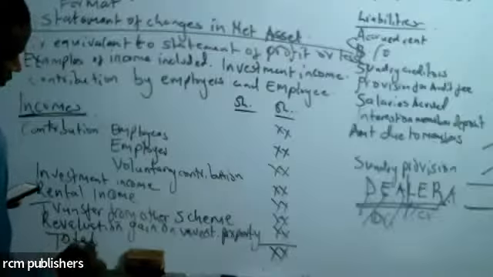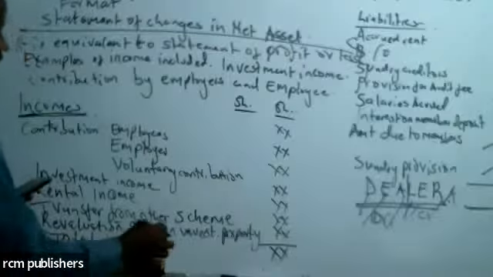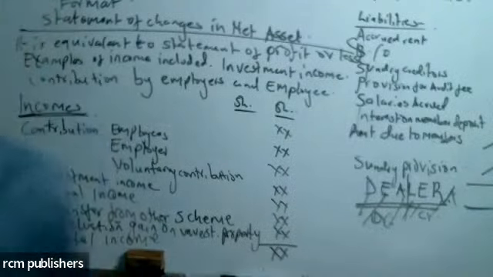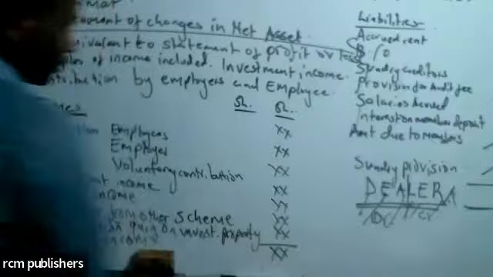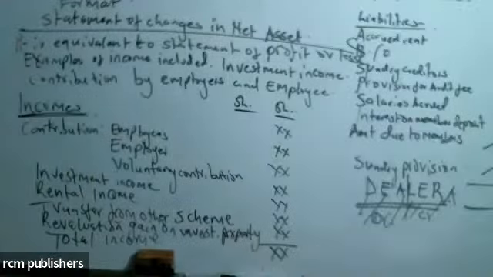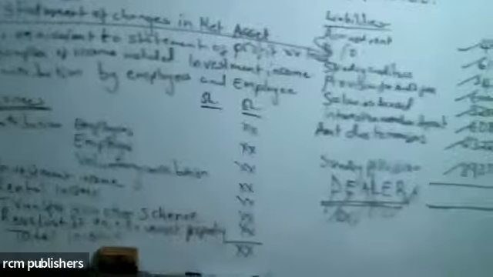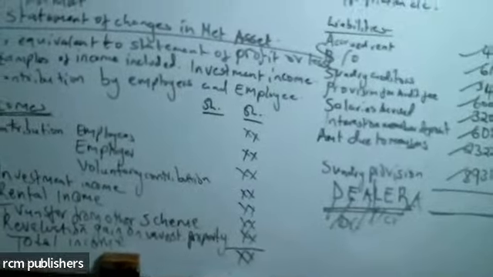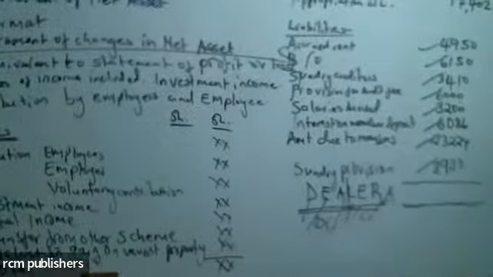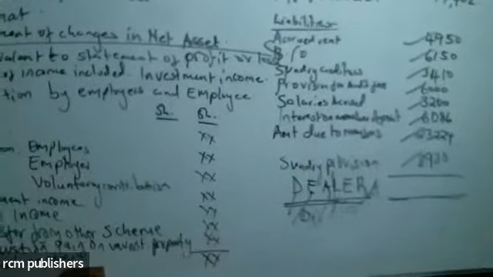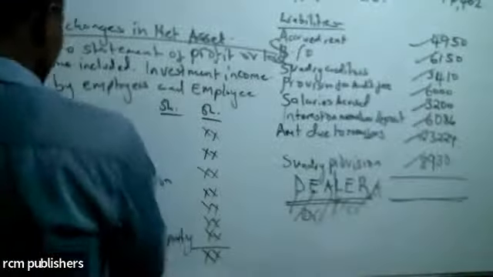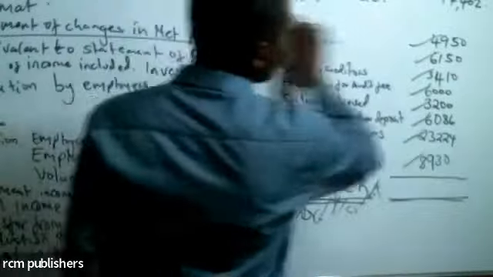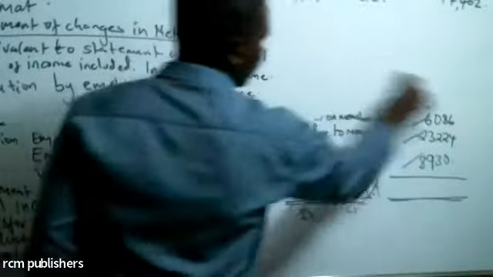Total income. Then you go to expenses. We can have the expenses on this end.